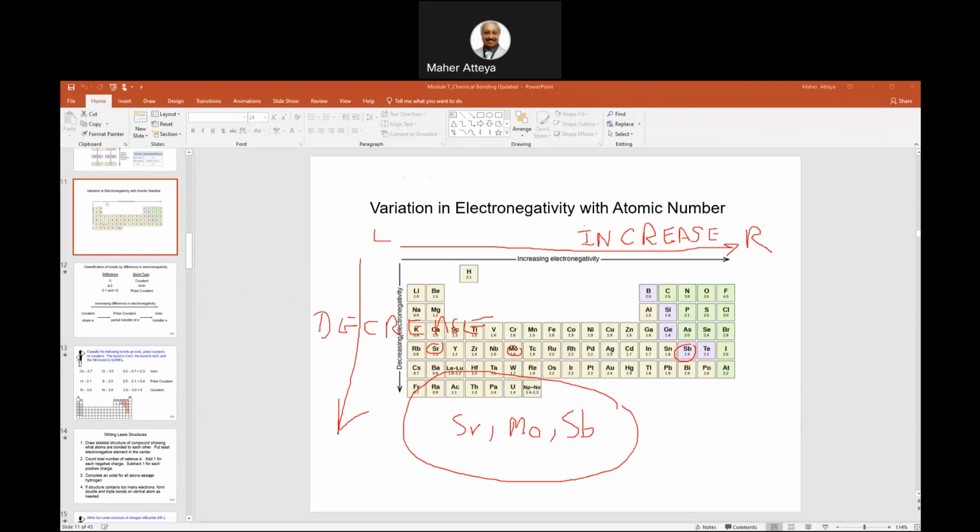Just an atom by itself has the ability to take an electron from the gaseous phase, correct? So electroaffinity is always in the gaseous phase. So this one here is electronegativity, correct, guys? And it's the same thing with the electroaffinity.